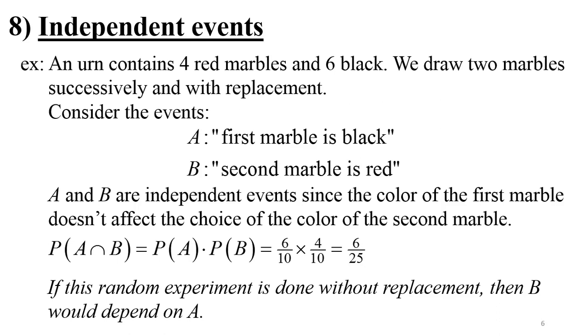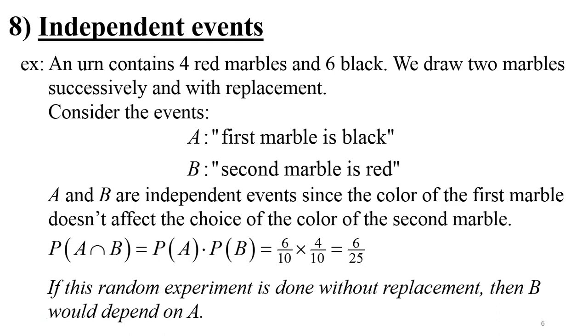So the choice of the second one was not affected by the choice of the first one, because following the first marble, the urn did not change, because I put that marble back in the urn. So in this case, A and B are independent events.